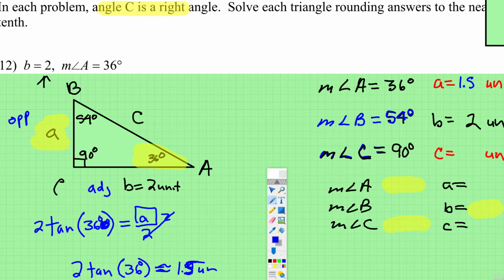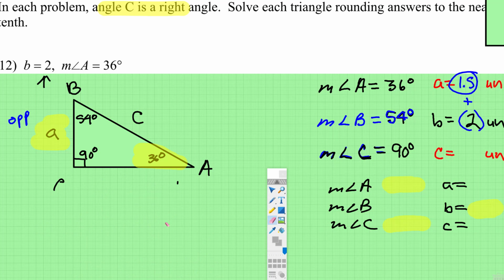Okay, now from here, we could just take this squared plus this squared to give us this squared, and then take the square root. Or I think still the easier method, I'm going to erase this now. And now we're going to find side C, which is the hypotenuse.